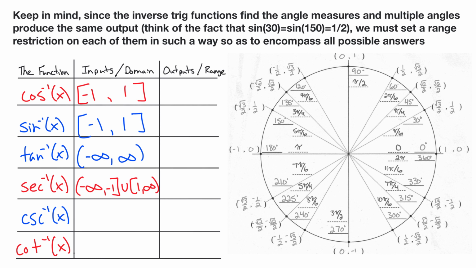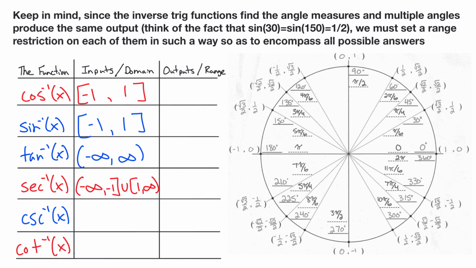If you took the domain of cosine inverse and its reciprocal secant inverse, it would be the entire number line. So for secant inverse, you can plug in any number you want as long as it's not between negative 1 and 1. So you could plug in the 5 or the 7 or the 13 or pi. You can't plug in 1/2. You can't plug in 3 over 4. You can't plug in negative 8.6. Sorry, negative 0.86.